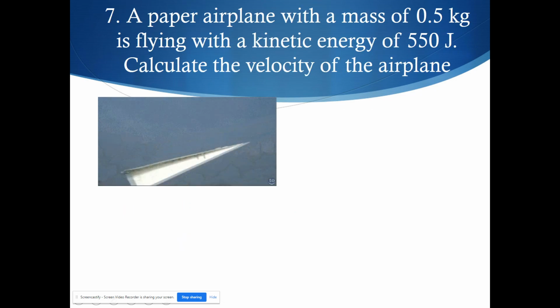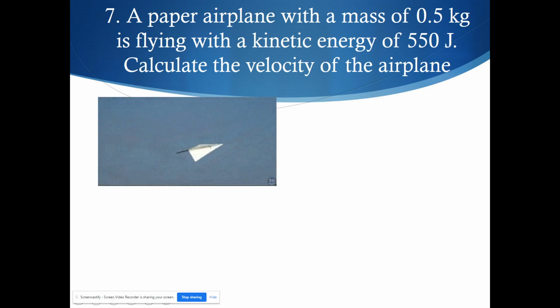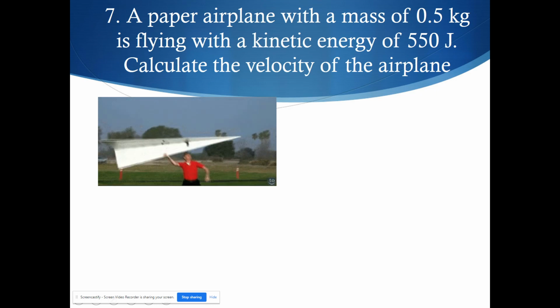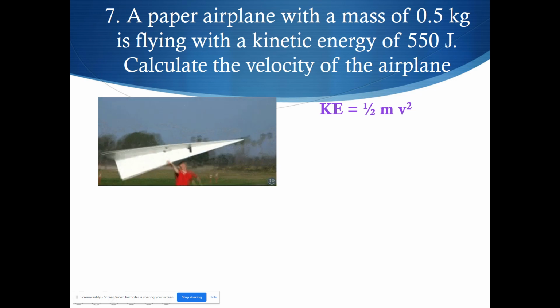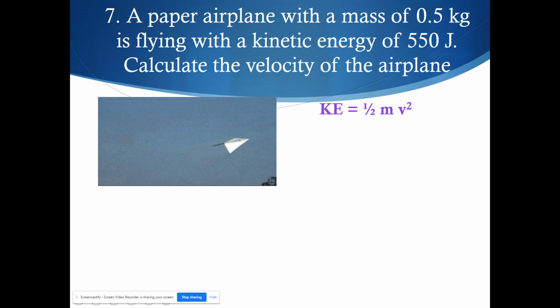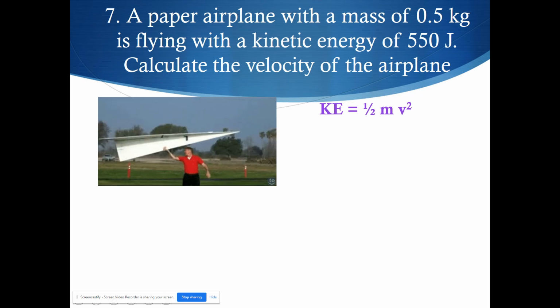All right, a paper airplane with a mass of 0.5 kilograms is flying with a kinetic energy of 550. Okay, big clue. Since it has kinetic energy, I'm going to use the kinetic energy formula. This time I'm being asked to solve for the velocity. So I need to manipulate the equation around. Times 2 on each side, divided by m, and then square root each side.